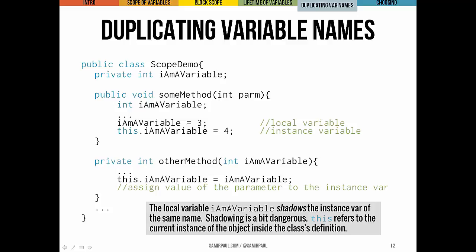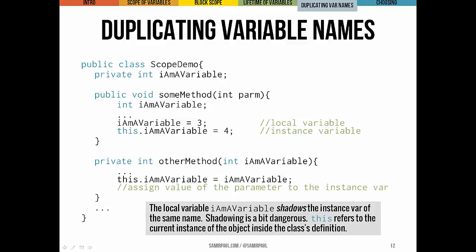Here I'm setting the instance variable IAmAVariable to have the same value as the local formal parameter, IAmAVariable. I'm saying this.IAmAVariable gets IAmAVariable. This is not really great practice because it's not very clear. However, it is legal.